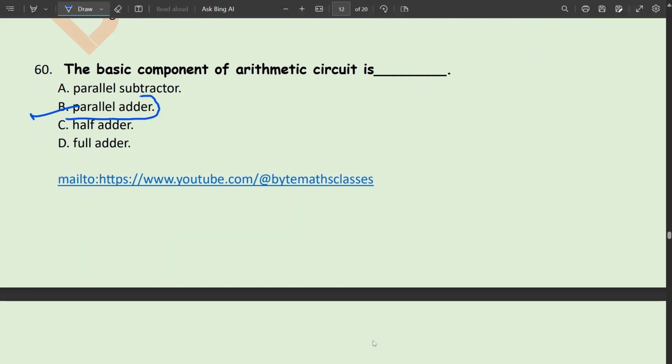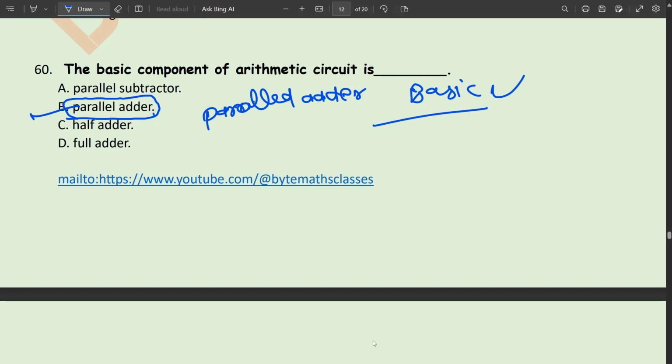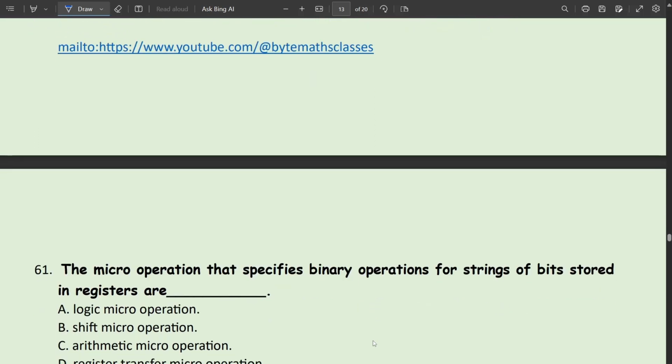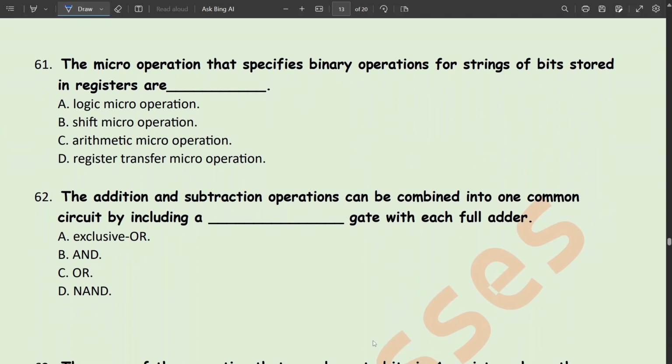Option number B. This is parallel adder is a basic component. Option number B is correct. Next, the micro operation that specifies binary operations for strings to bit stored in register are called logic micro operation. Option number A is correct.